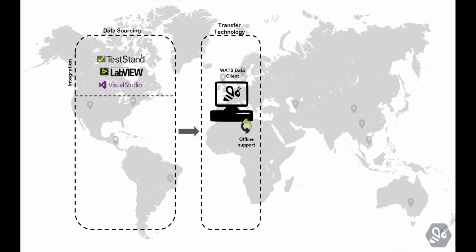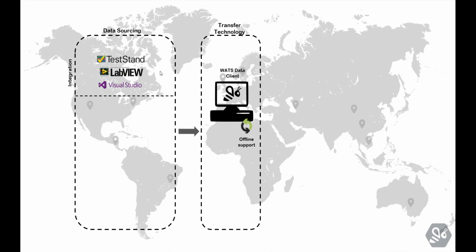If you're using National Instruments TestStand, there is a plugin architecture already, so you can just enable WATS and it will start uploading data. Then if you are using a programming environment to build your own test sequence, you can use the APIs inside of LabVIEW or Visual Studio or any other programming language to send the data to the WATS data client.